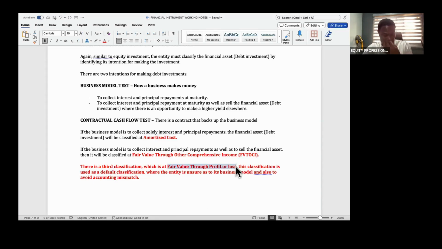If they want you to use this, it will be specified in the question. For most of your questions, it's going to be between amortized cost and fair value through OCI. If the examiner really wants you to use fair value through profit or loss, it will specify that the company has designated that they want to classify this instrument at fair value through profit or loss.